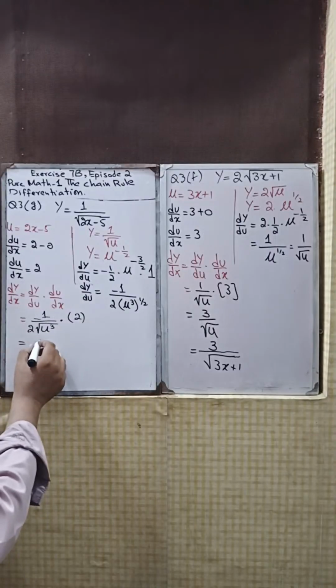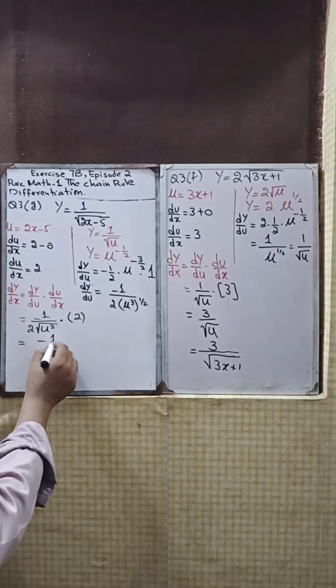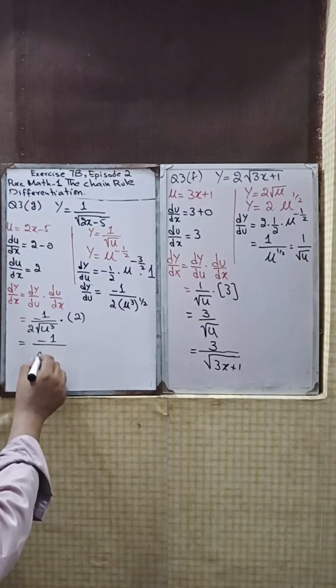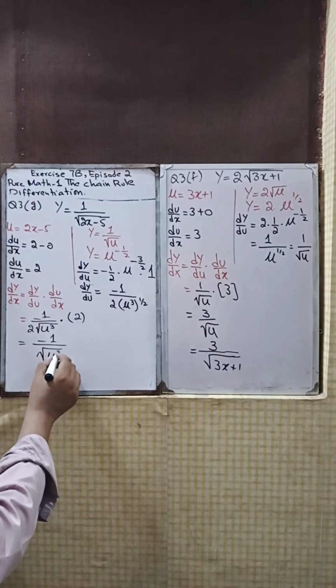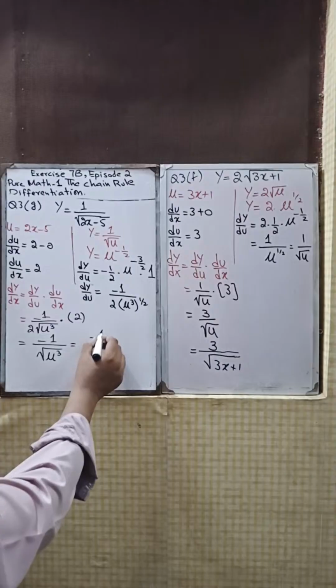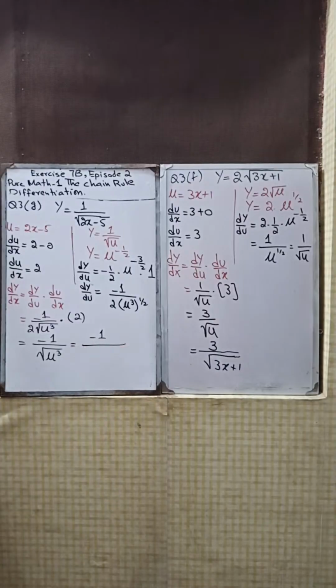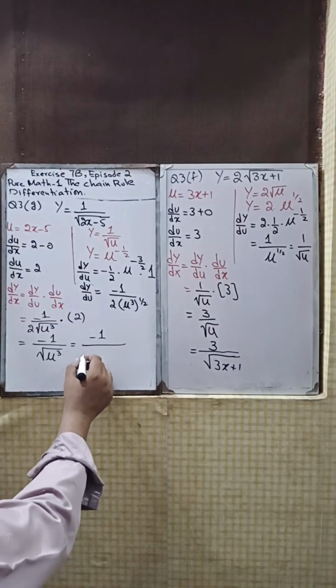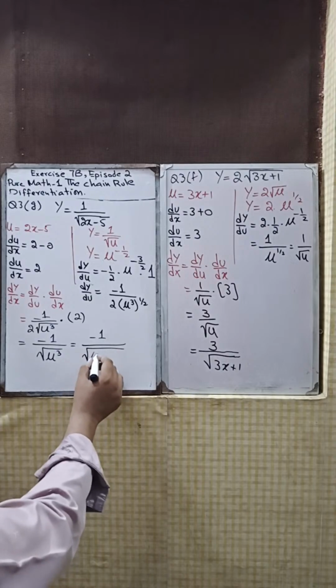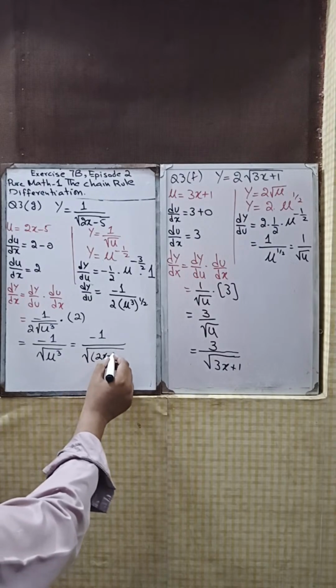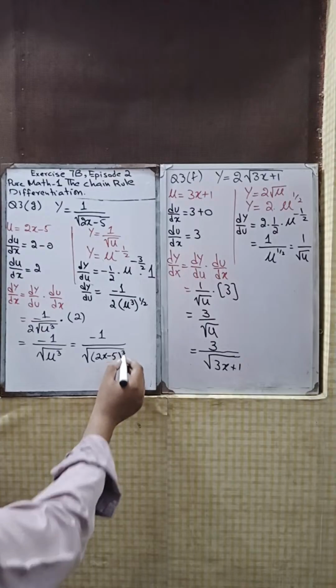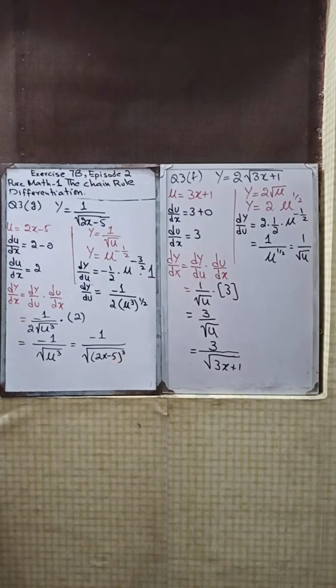So the 2 cancels, and it is minus 1 divided by the square root of u cubed. Now put the u value back. The u value is 2x minus 5, so the square root of 2x minus 5 raised to the power 3. So the answer can be in this form.